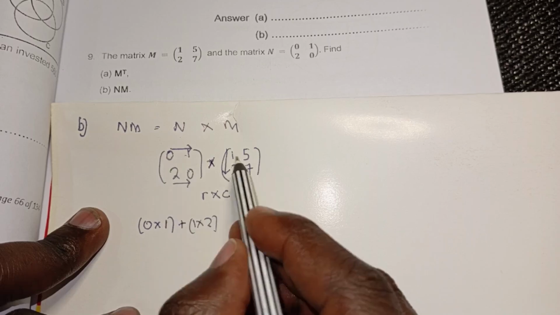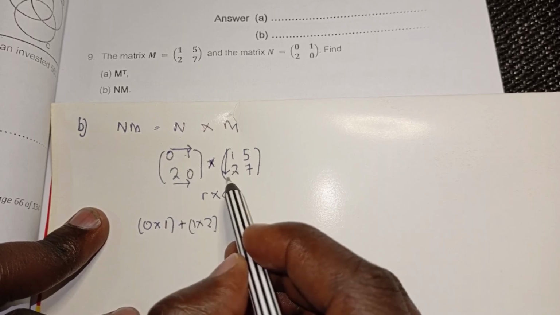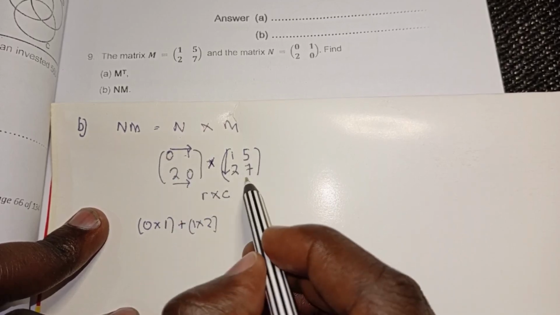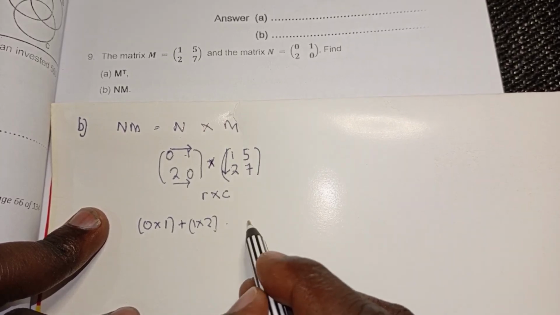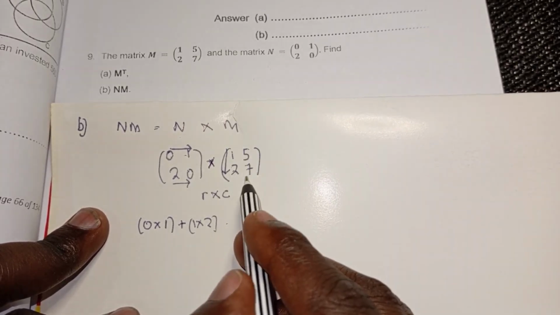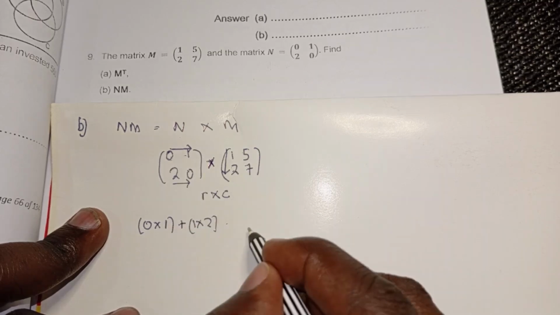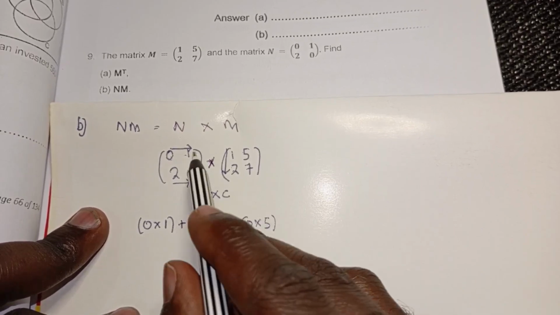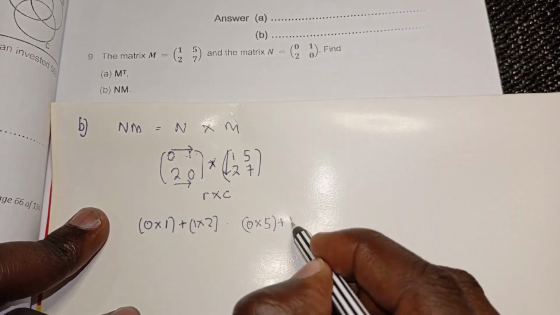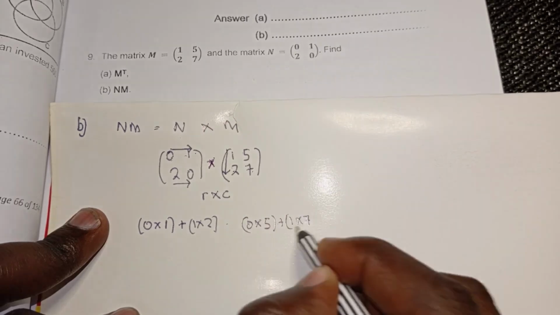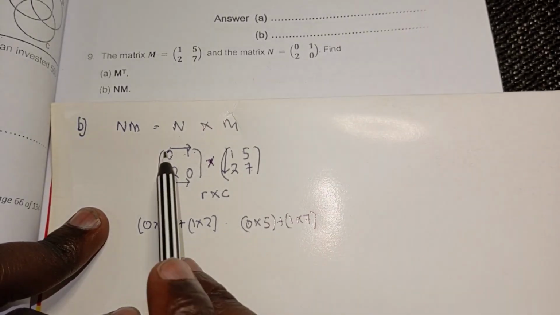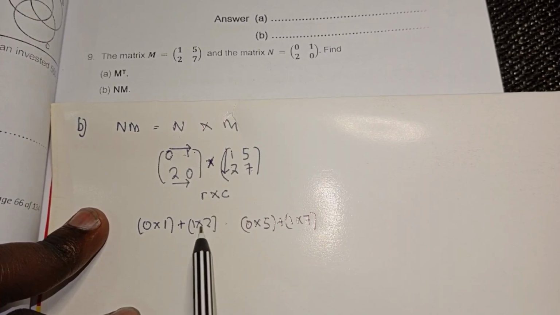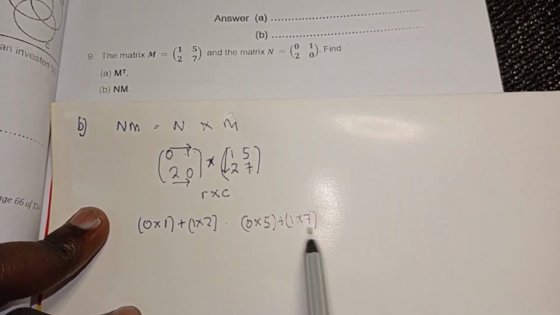You multiply this row and this column, then you multiply this row by the next column, leaving a space to show that you're going to the next column. So 0 by 5, plus 1 by 7.